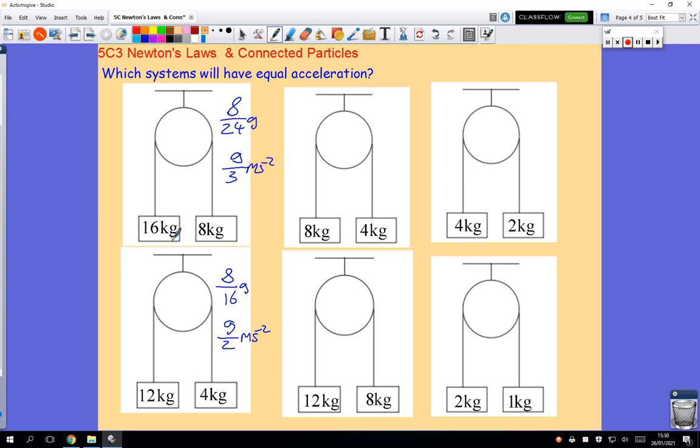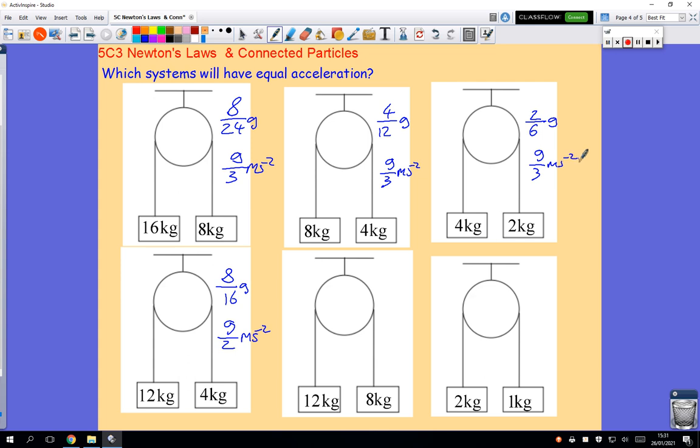If I look over here at this second diagram, what you should have found was the acceleration was 4 over 12 g, which would reduce to, again, g over 3 meters per second squared. Notice that is the same as the first one. And if you looked at this one, you will find that the acceleration would be 2 over 6 times g, which would reduce to, again, g over 3 meters per second squared.